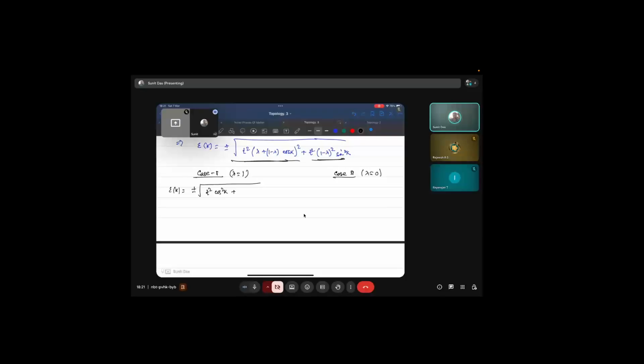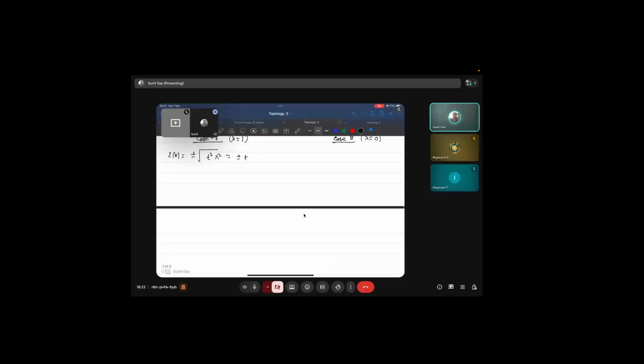I have mistaken something. Actually this should be simply t square. This part vanishes, lambda equal to 1. This part also vanishes, lambda equal to 1. So this is 0, and we only have t square lambda square, but lambda is 1. So plus minus t, right? So suppose this is my energy as a function of k, and this is k. You have constant two energies.